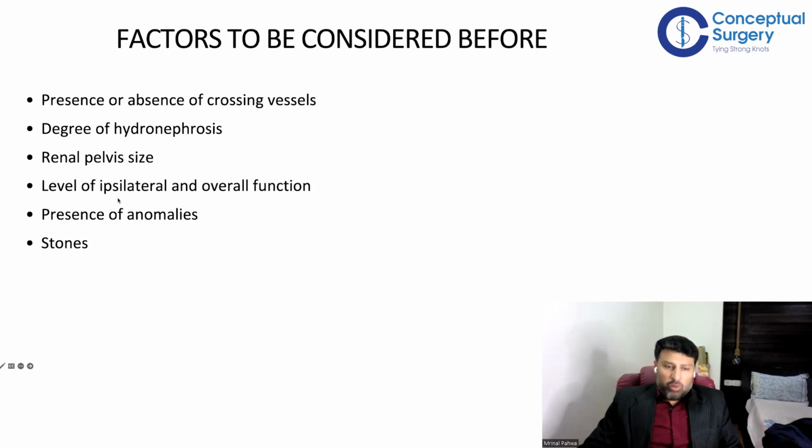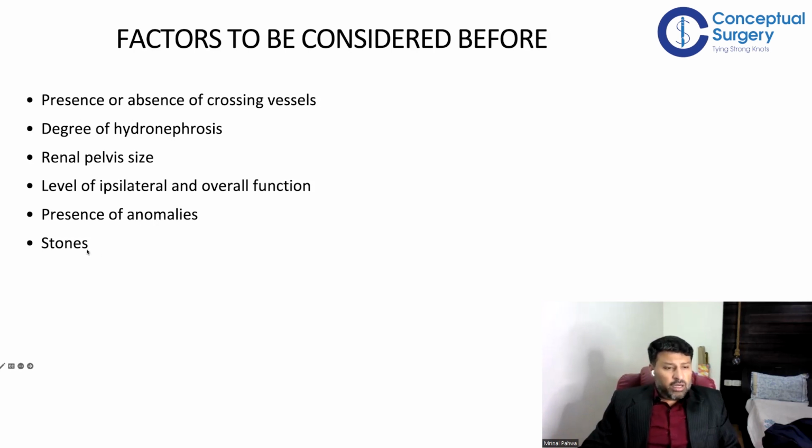Then we have to note the ipsilateral and overall function as the baseline, and as per that decide the indication, whether the patient requires a surgery or not. Then if there are any other anomalies that may be present with PUJ obstruction, like there may be a renal agenesis, or there may be presence of a horseshoe kidney, or there may be a rotation of the kidney.